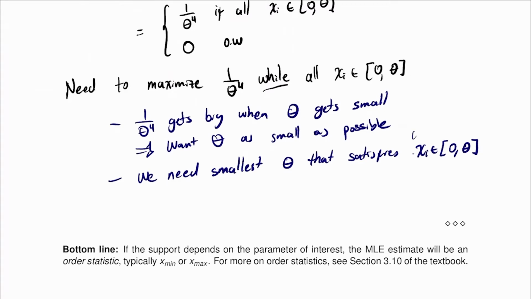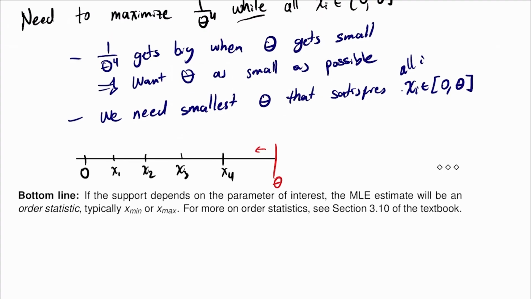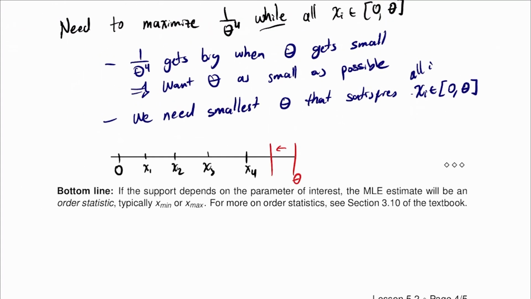For all i. So for example, if we are here and we have 0 and we have one value, it's 1, it's 2, it's 3, and it's 4. If we have a value theta here, for example, and we go to the left to a small value for theta, that will be better, right?